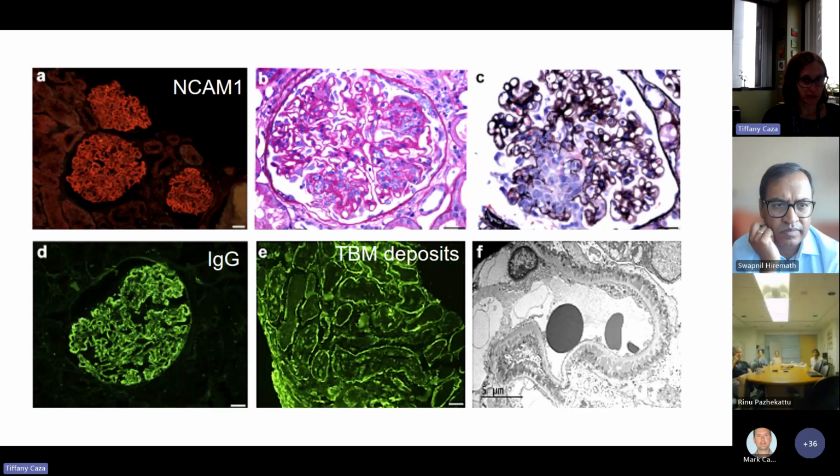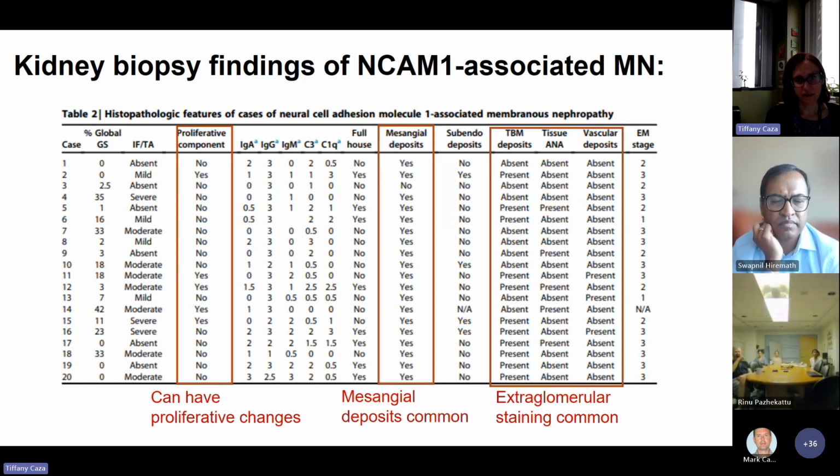Staining for multiple immune reactants and tubular basement membrane deposits are common, and then you can use NCAM1 immunostaining for confirmation. There were very similar findings as EXT-associated membranous, although these aren't associated with as good of a renal prognosis and sometimes have some background chronicity that is present.